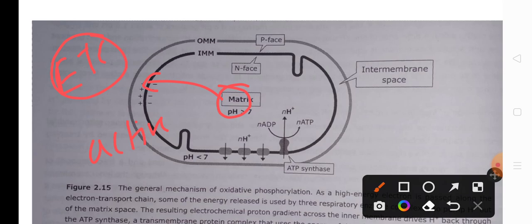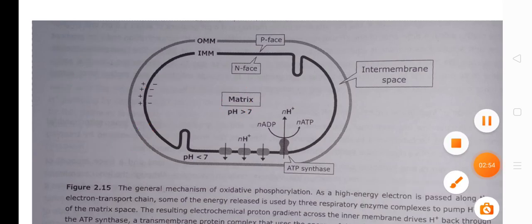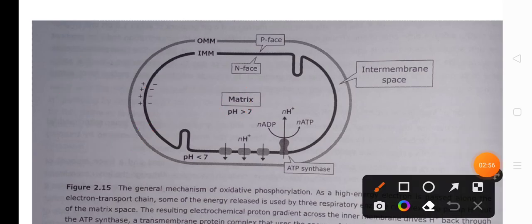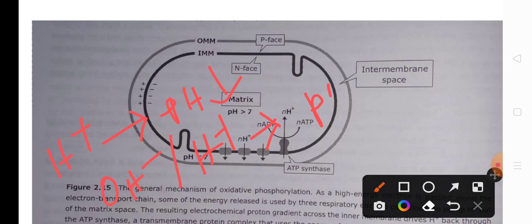Clear? And as a result, what will happen? It will create a transmembrane proton gradient, right? Because, remember one thing very carefully: increased concentration of H plus decreases the pH, and increasing concentration of OH minus, or decreasing concentration of H plus, increases the pH.